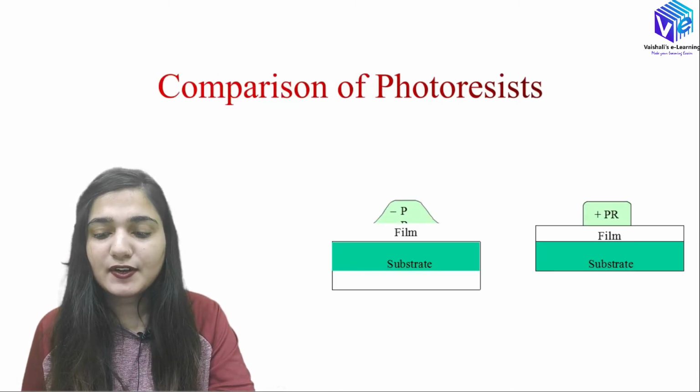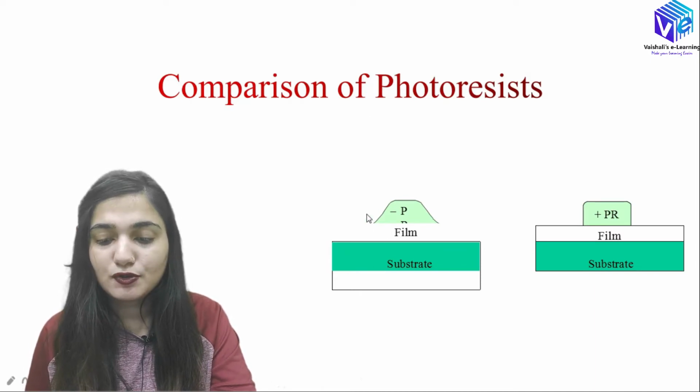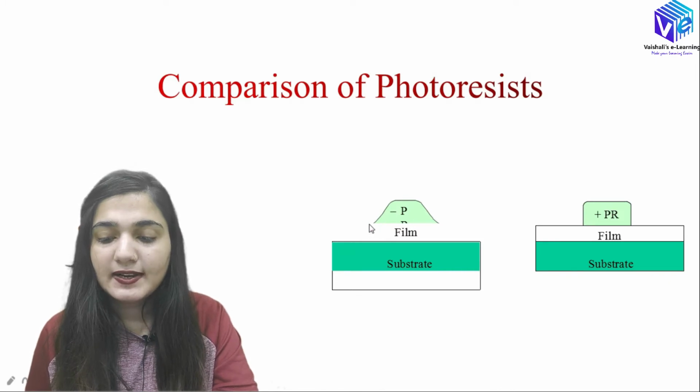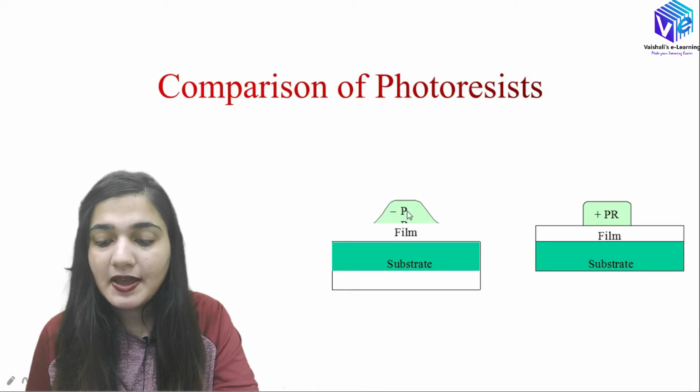Now the comparison of the photoresists. You can see the negative photoresist has swelled out. It is swelling out at the edges, and this is the reason it has poor resolution. On the substrate we have the film, and over the film we have the negative photoresist.